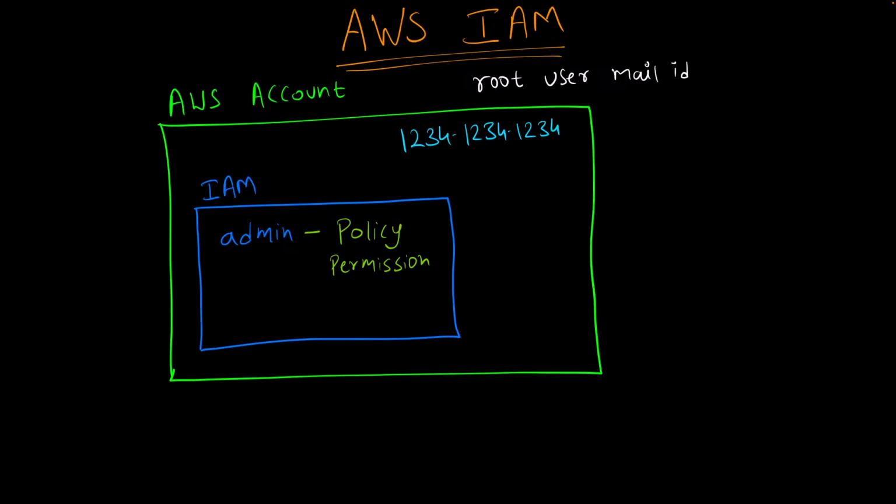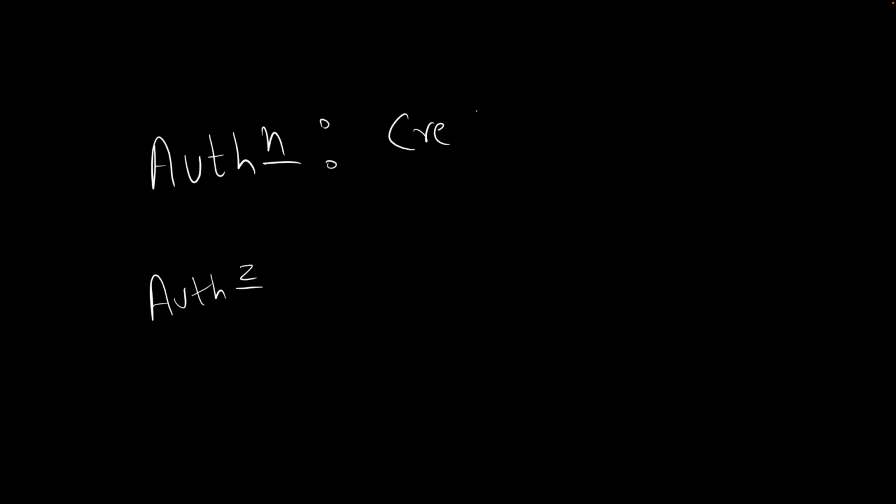right? There are two things that we need to remember. There is authentication and then there is authorization. Authentication is where you are going to use your credentials to prove who you are.